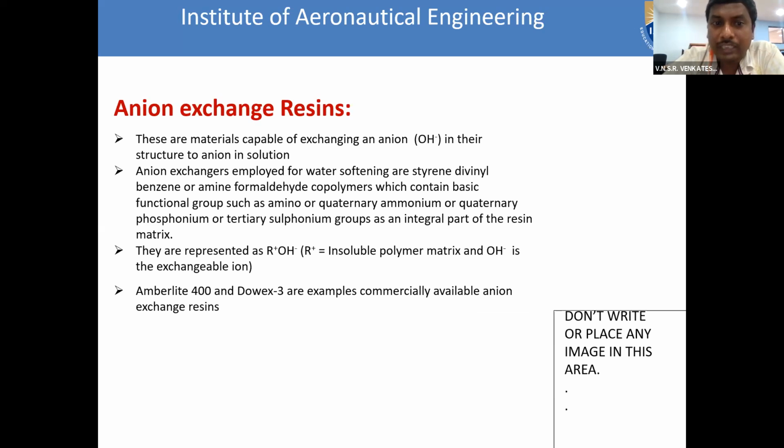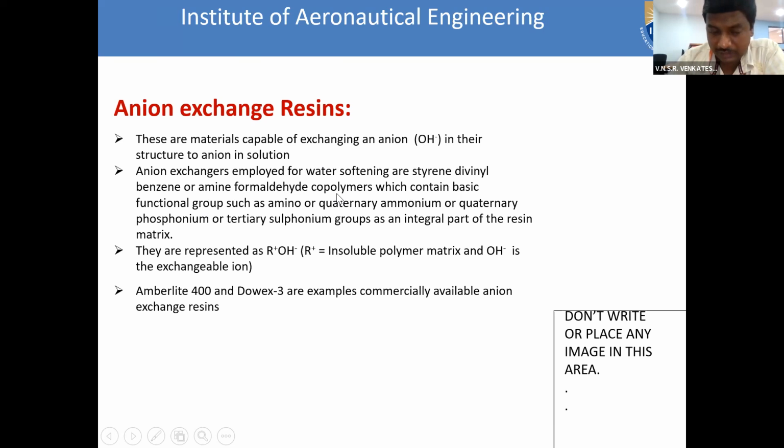So these are the materials capable of exchanging anions in the structure for anions in the solution. What is the exchangeable ion? OH. Anion exchangers employed for water softening are styrene dimethyl benzene or amine formaldehyde copolymers.